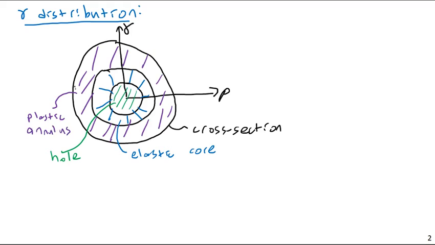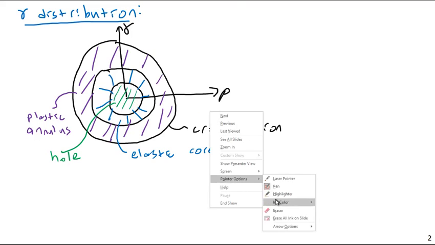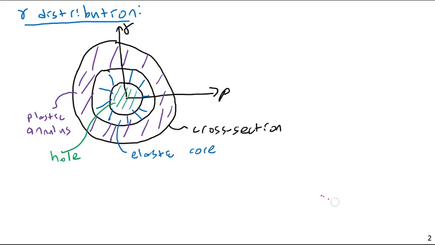In other words, we have an outer ring that is going to be under a plastic loading condition. We're going to have an inner ring that is under an elastic condition, and our inner core is just going to be completely hollow. But our actual strain is going to be linear throughout.